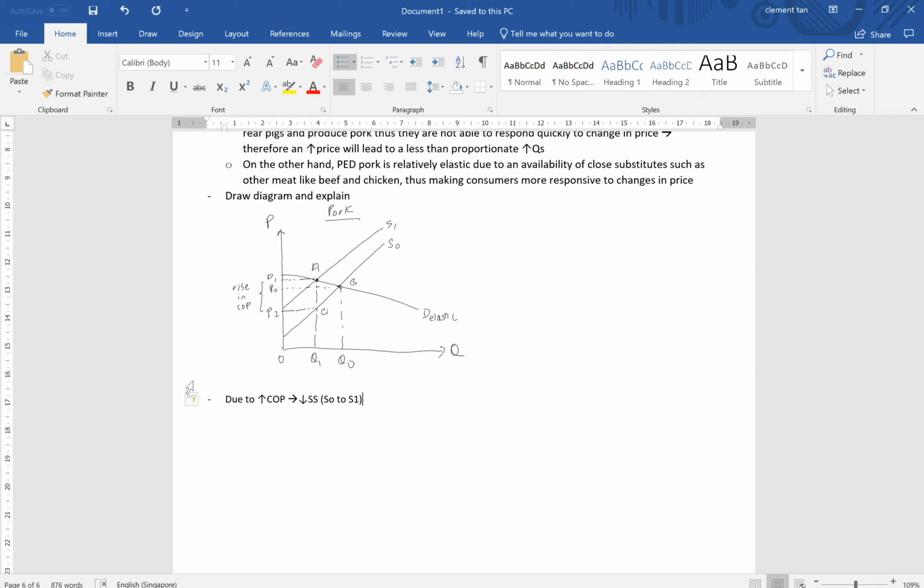Then you say that this leads to a shortage. Every time, remember, whenever you draw a demand supply diagram, always explain how it reaches the new equilibrium. There is a shortage at the original price P0. Shortage leads to upward pressure on price. Price keeps increasing until it reaches a new equilibrium.